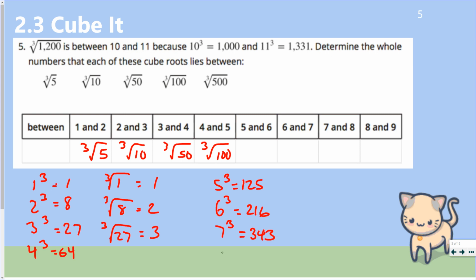It's going to be higher than that. And 8 to the third is 512. So the cube root of 500 is almost 8. It's like 7.9 something, I believe. So it's going to be here. Okay, so just estimating roughly what some of these values are based on their placement is a very powerful skill to have, right?